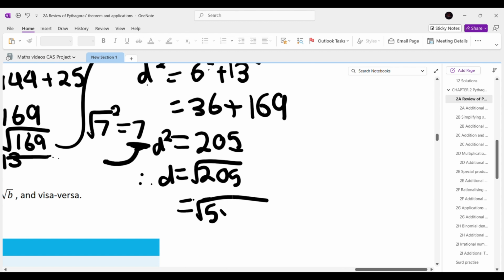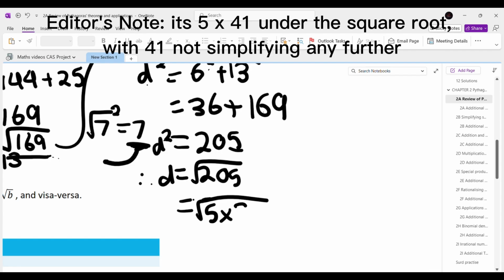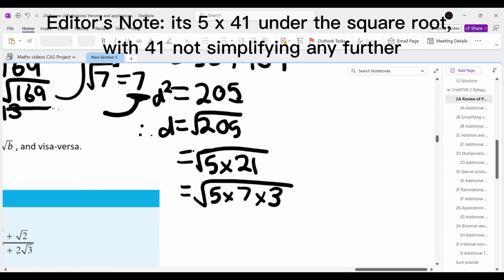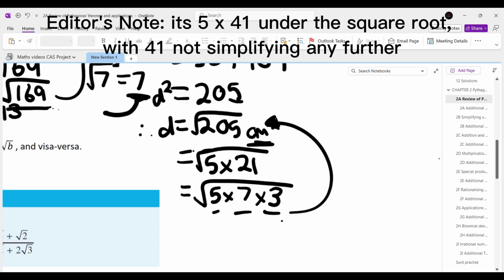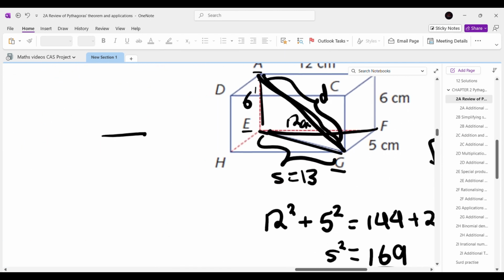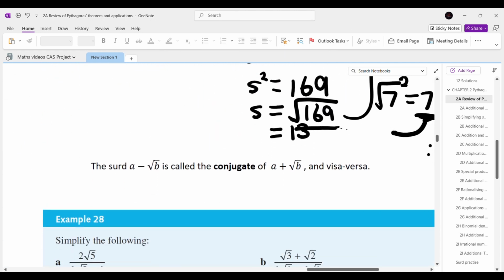Take out 5 from this and divide, it's 41. So it's 5 times 41. Since these are all prime, none of these are perfect squares, and these are the factors of 205. It doesn't seem like we can express this any simpler than the square root of 205 centimeters. We always have to remember to add centimeters because this is the measurement unit.